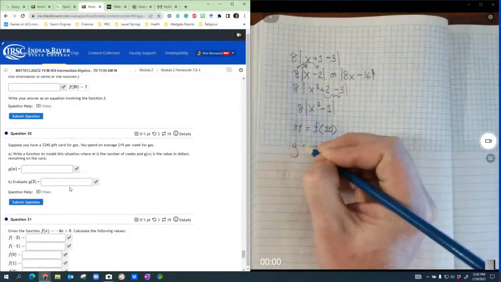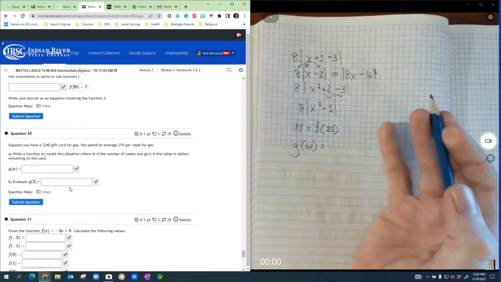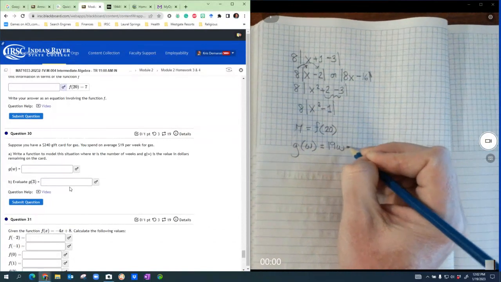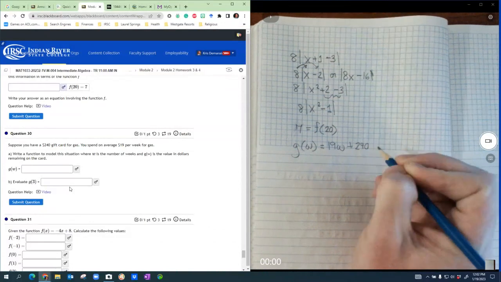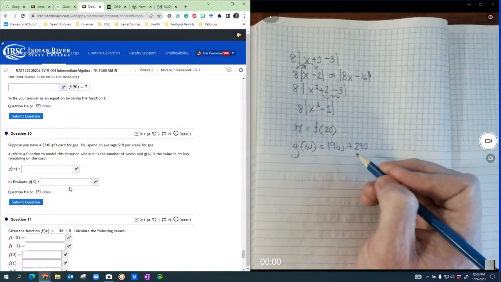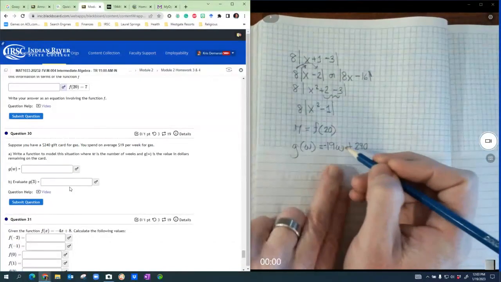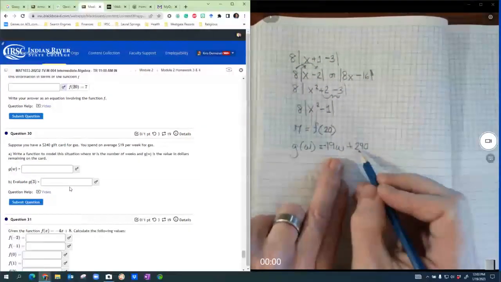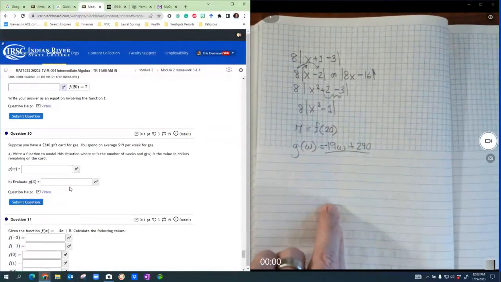So G of W, what's remaining, is going to be $19 per week, and then you have $240 on the card. Well, wait a second, you're spending on average $19, right? So shouldn't that be negative? Because you're subtracting it per week, $19 per week. So then you have to start at 240, so our equation is this.